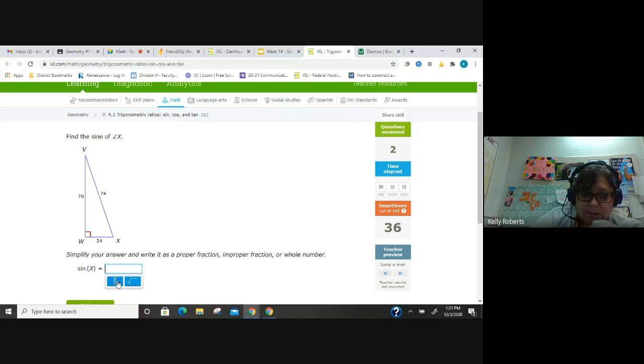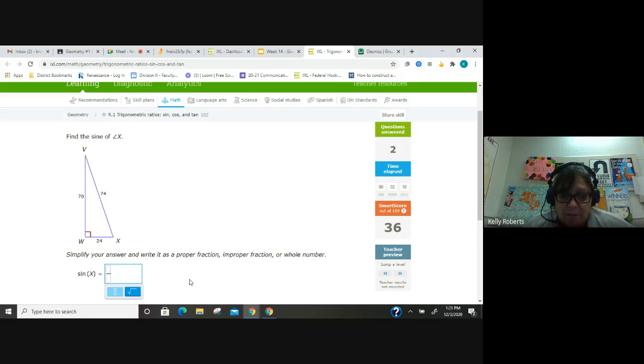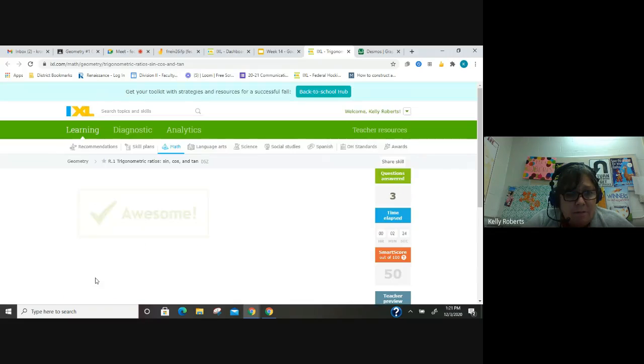So I have 70 over 74. Now this one can be reduced because those are both even. So I can divide at least by 2, maybe something bigger. But 2 goes into 70 35 times and goes into 74 37 times. I would say 37's prime, so there's not going to be anything to go into both of those. So that's reduced form.